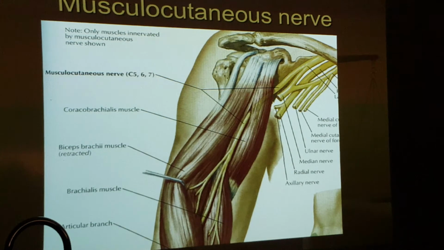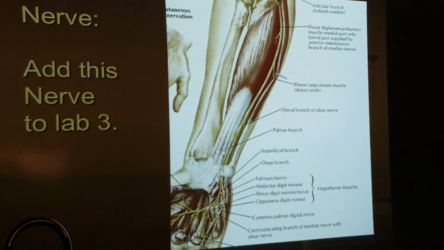Okay, and the musculocutaneous nerve innervates sort of the upper arm region. Okay. So there you see it. And these all show up nicely on our models to a greater or lesser degree.